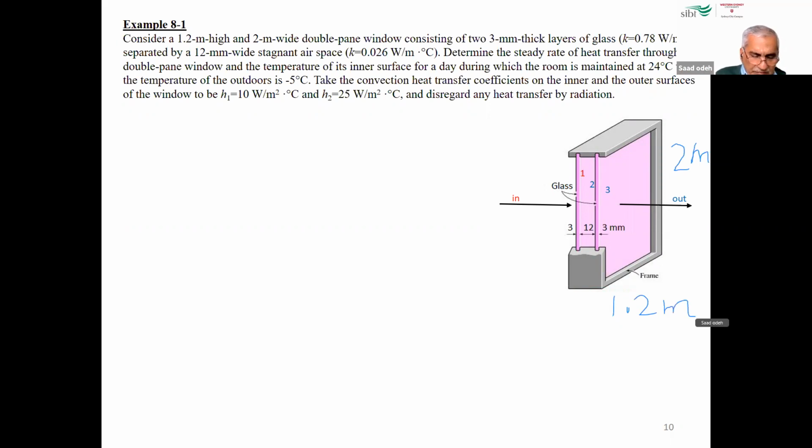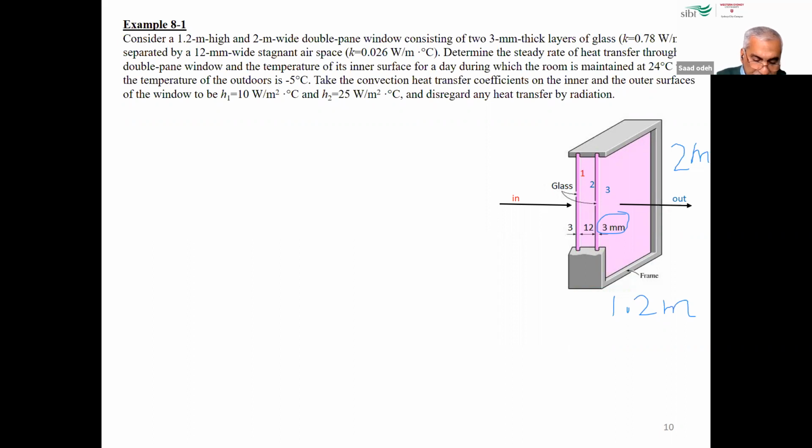And we have the thickness of each layer of glass is 3 millimeter, as you can see. There is a gap, of course, between these two glasses, sheet or glass layers.